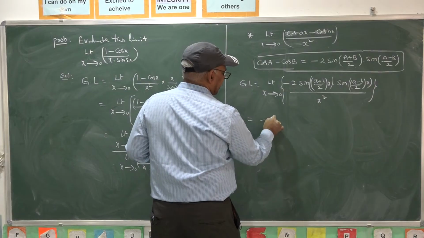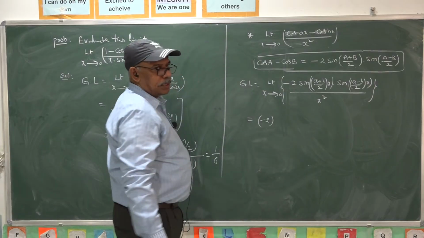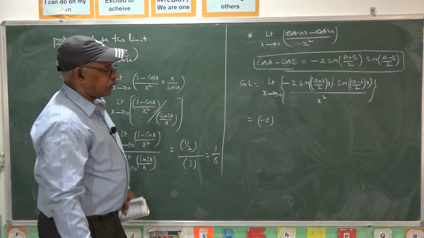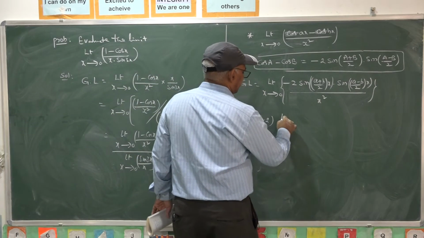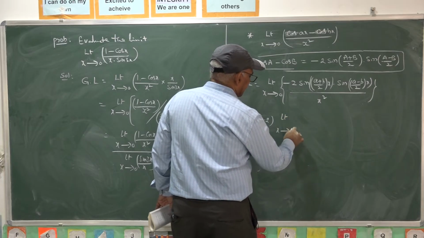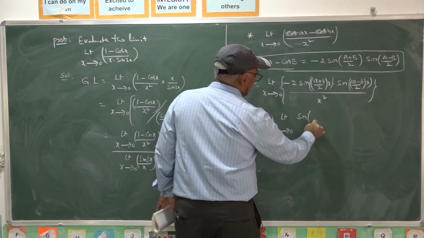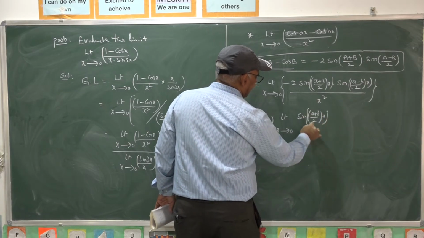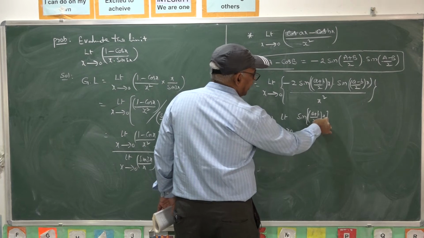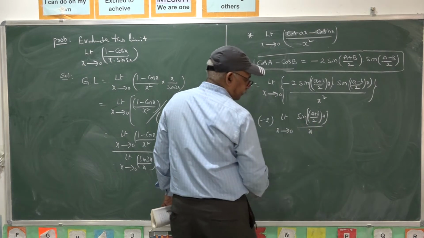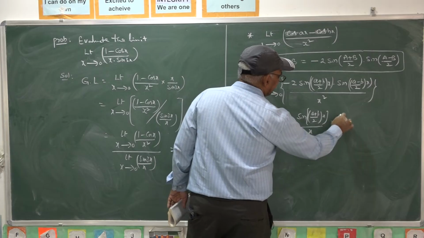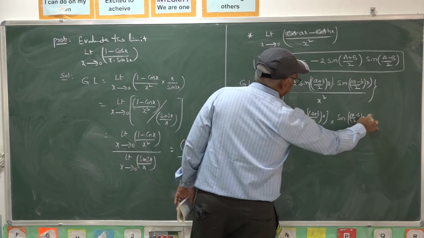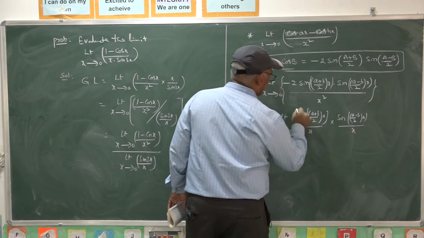Minus 2 is a constant, independent of the limit, because the limit is over x. So, you can take minus 2 as common. The limit is applicable to the sine functions: sine of a plus b by 2 into x by x, into sine of a minus b by 2 into x by x.